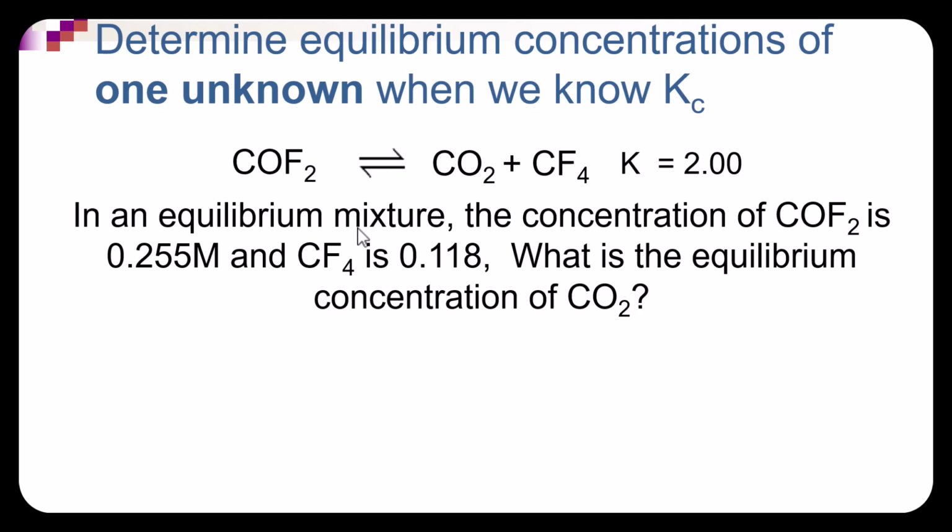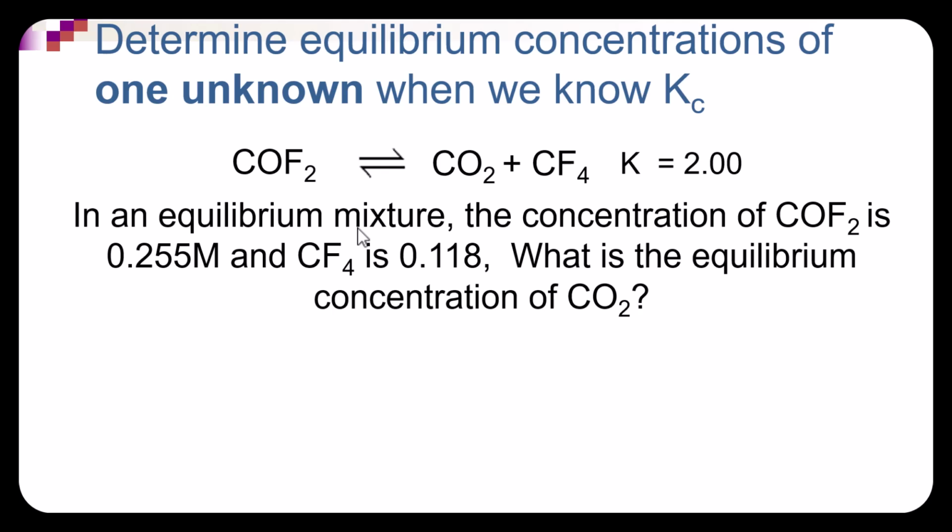It's likely that we could know or look up that information for a given reaction. So that's a little bit more realistic. We know that value. We did an experiment, and then at equilibrium, we determined the concentration of the reactant was 0.255, and we determined the concentration of CF4 was 0.118. We want to know what is the equilibrium concentration of carbon dioxide.